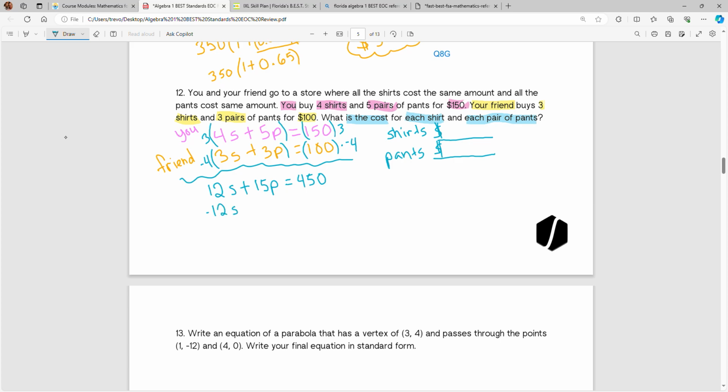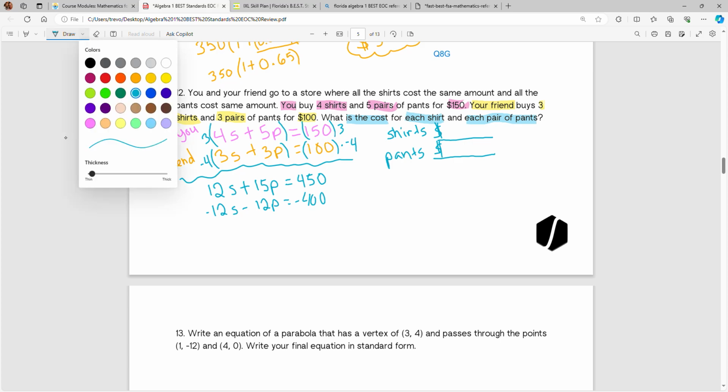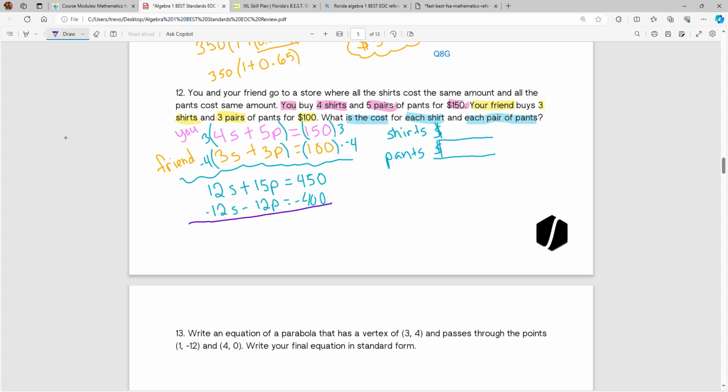Negative times positive again. 4 times 3 minus 12p. -4 times positive 100, -400. Now I can combine these two. 12s minus 12s, they're going to eliminate. And then 15 minus 12, we're left with 3p. 450 minus 400 is 50.